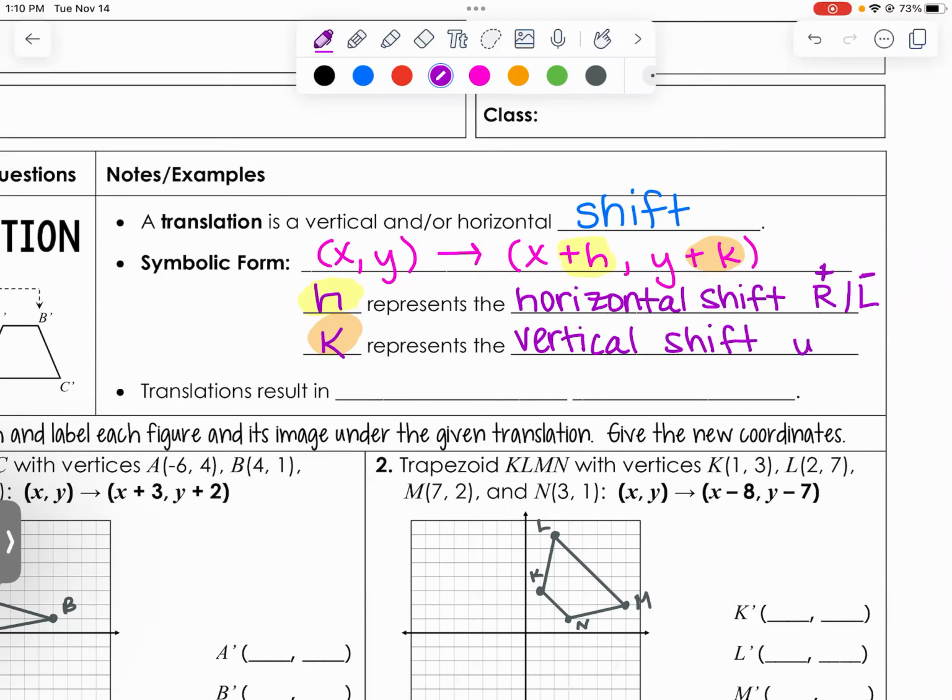Basically, it tells us whether we go up or down. Same thing. If we have the plus, that's going to tell us to go up because that's our positive direction. But if we have the minus, that's going to tell us to go down because that's the negative direction.